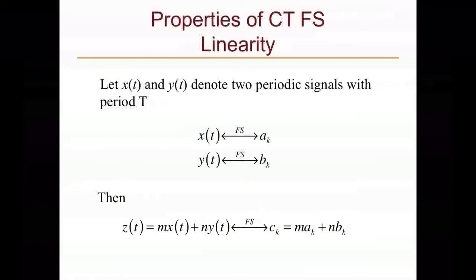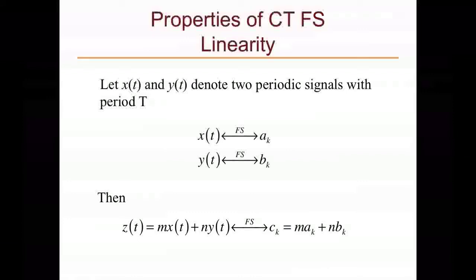Now let's talk about the properties of the CTFS. If we have x1 and x2 as two periodic signals with period T, if you can derive ak from x(t) and bk from y(t), then the linearity property is just like the linearity in the earlier lectures.